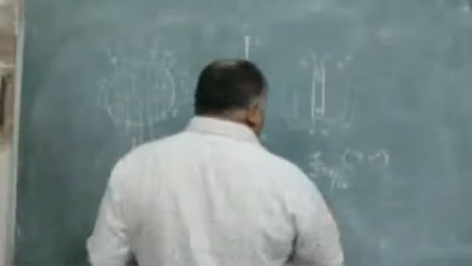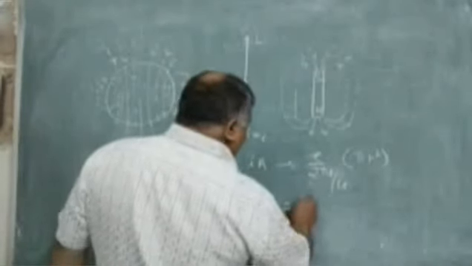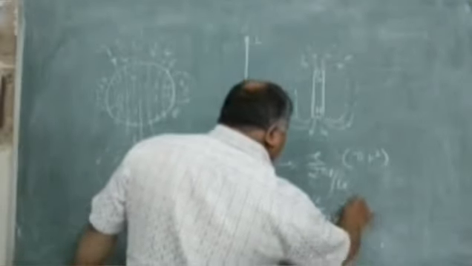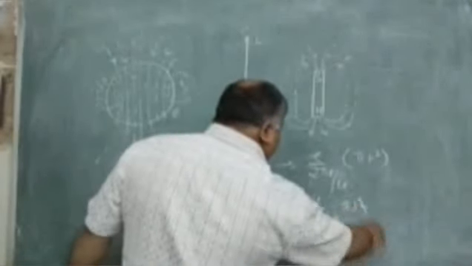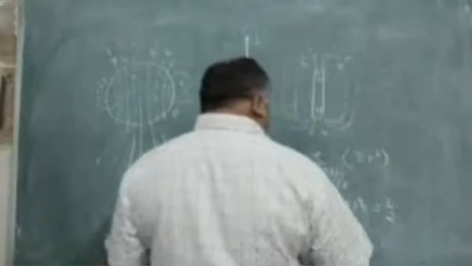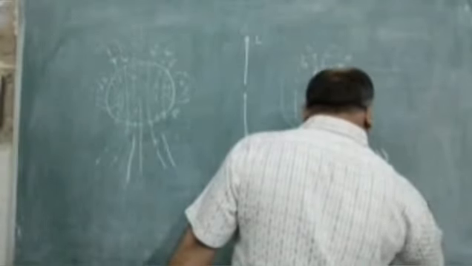V is the velocity, so it equals e v over 2 pi r times pi r square, which is equal to half e v r.